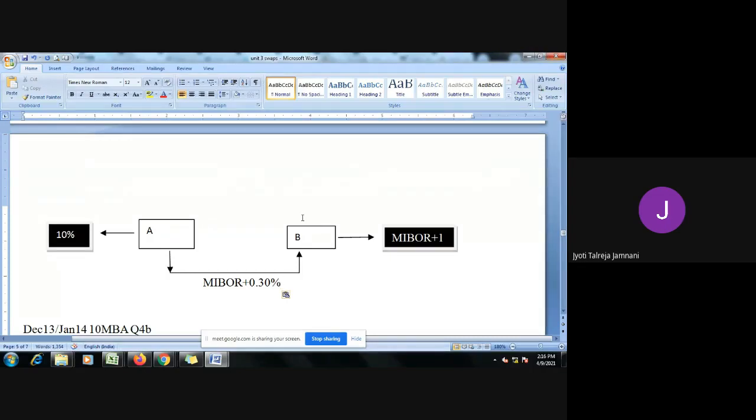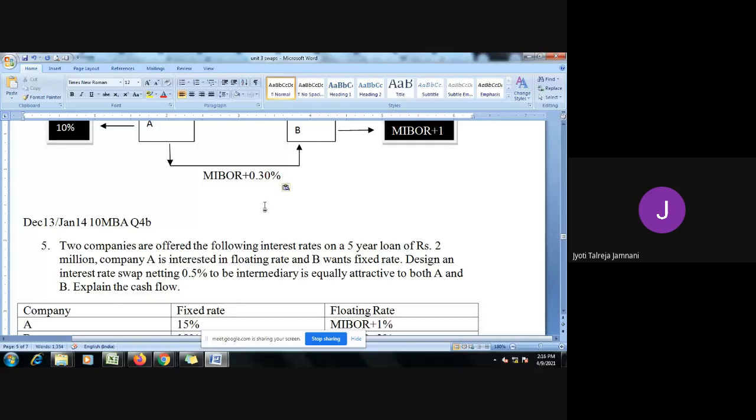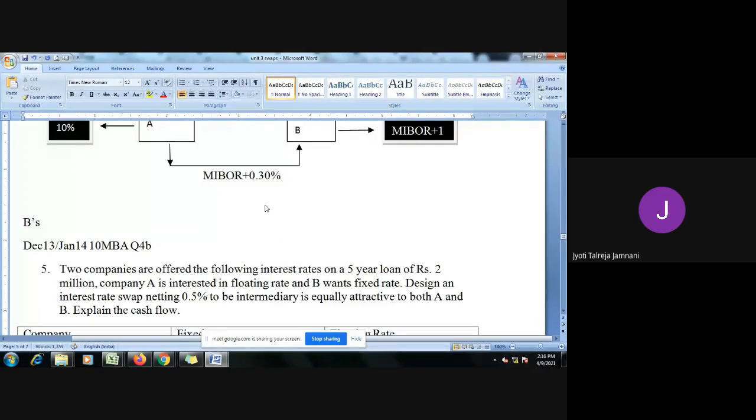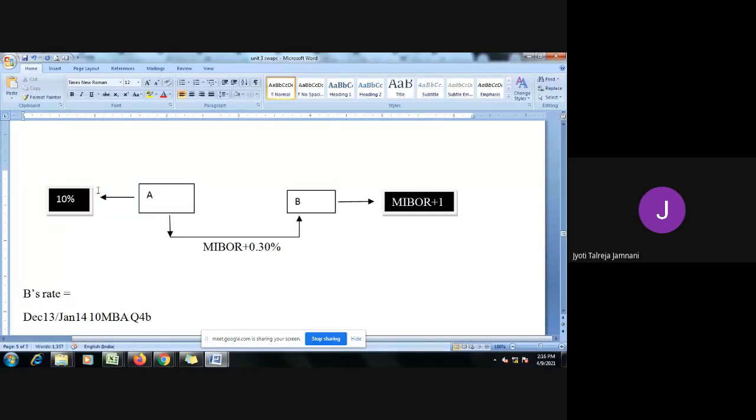Now B will transfer to A. So how much B has to transfer? B will transfer 10% to A, which A has paid, plus A's gain, that is 0.25%. So it will transfer 10.25%.